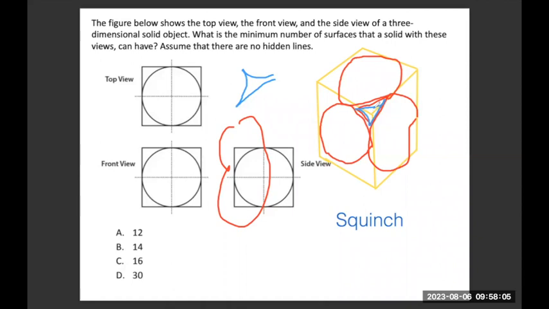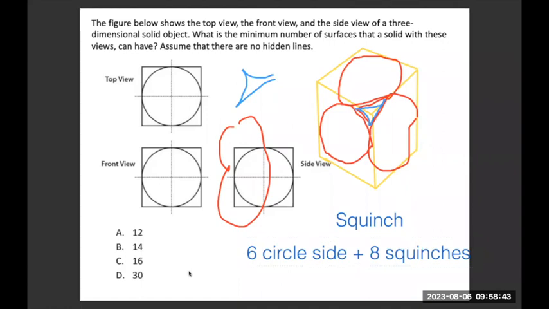As you're guessing, the correct answer is option B, which is 14 surfaces this solid will have. Why 14 surfaces? Because there will be 6 sides of circles, 6 circle sides, plus there will be 8 squinches in the corners. 6 plus 8 equals 14.